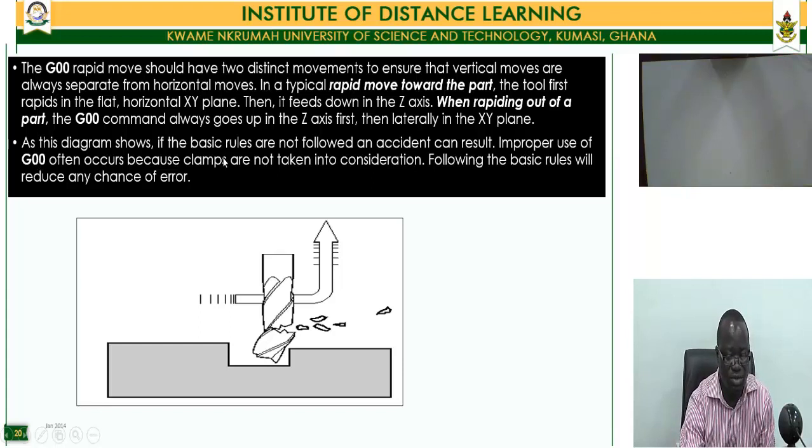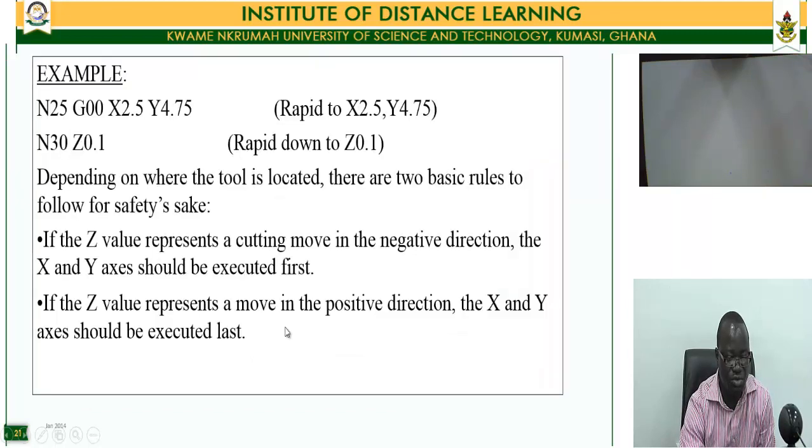What is important is that you ensure that when the tool is moved, there is no obstacle for the tool to run into. So you give the command in such a way that it moves rapidly away from any material, or any feature that has the potential of interfering with that tool.